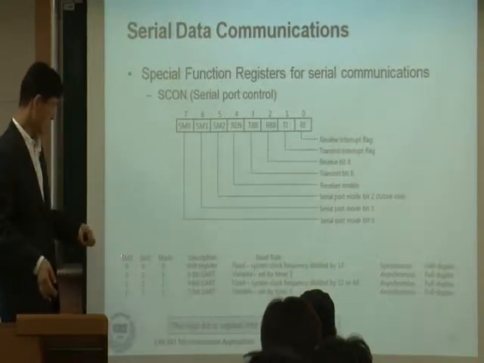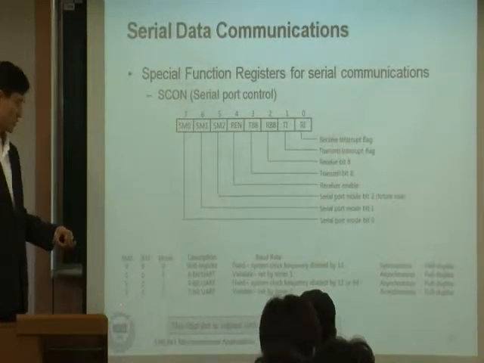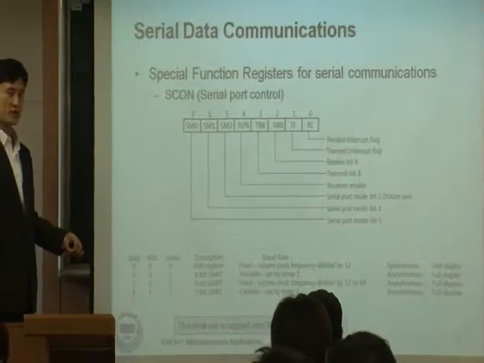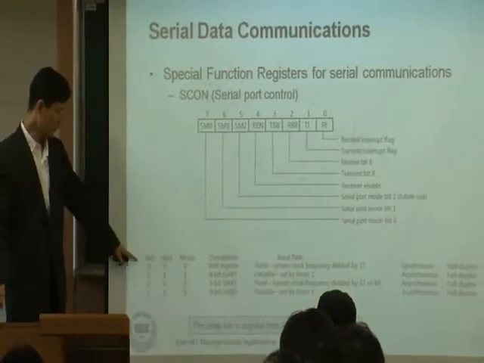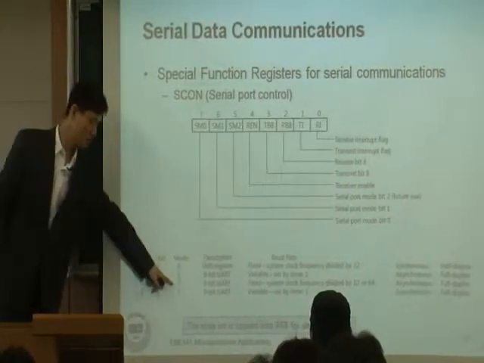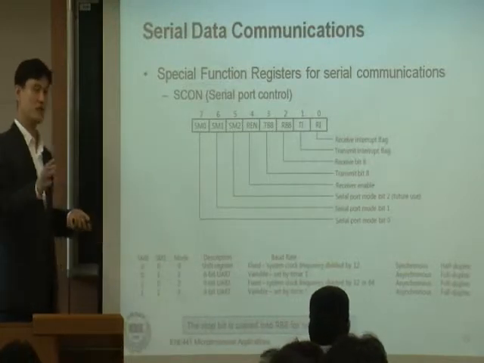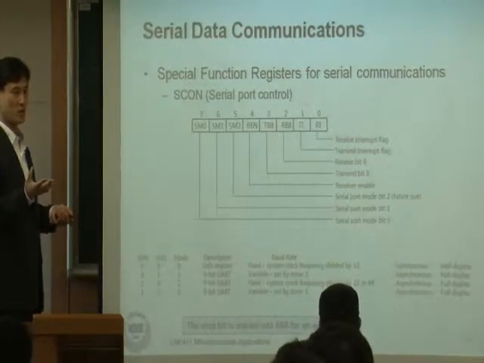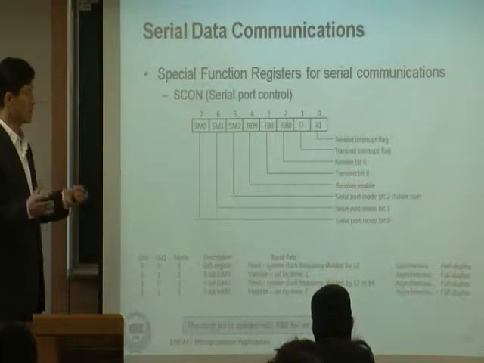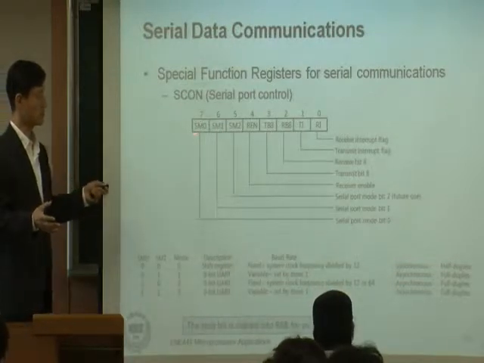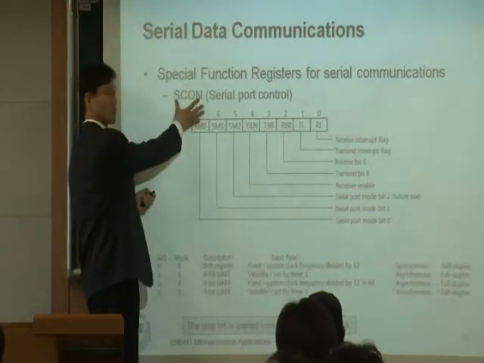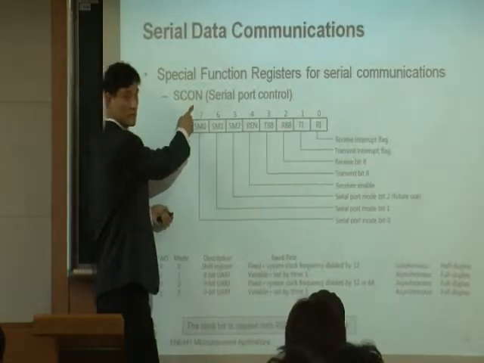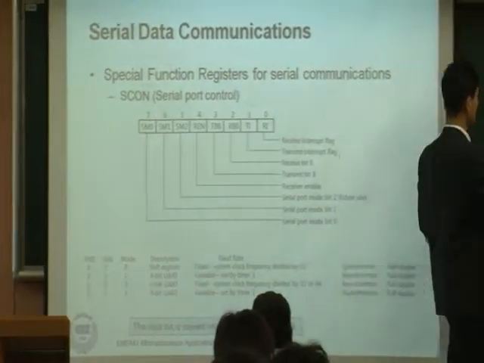Look at this slide. It shows you 4 different serial communication modes: mode 0, mode 1, mode 2, mode 3. The mode is configured by 2 bits in a register called SCON, the register I mentioned earlier.